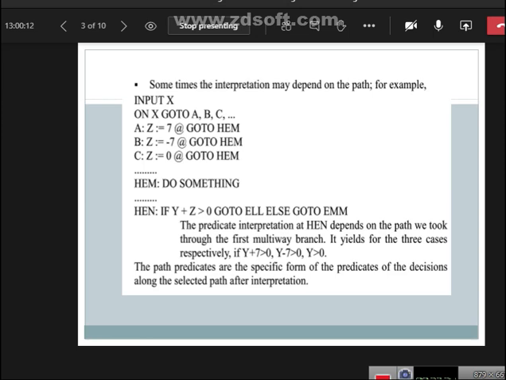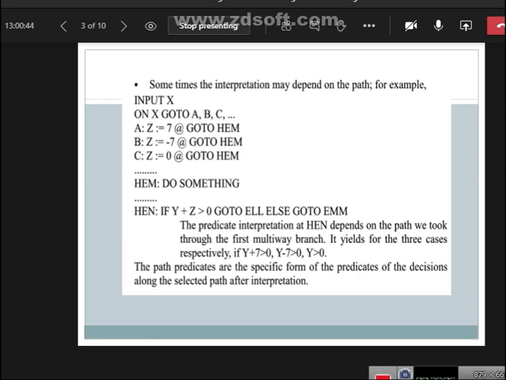In case of z value 0, if you substitute 0 here, it becomes y plus 0, which means y. The condition becomes y greater than 0. Understand? Here we have multi-way branches. We have to apply all the multi-way branches in that condition. Then the three cases become y plus 7, y minus 7 and y greater than 0, because we have substituted the value of z there.